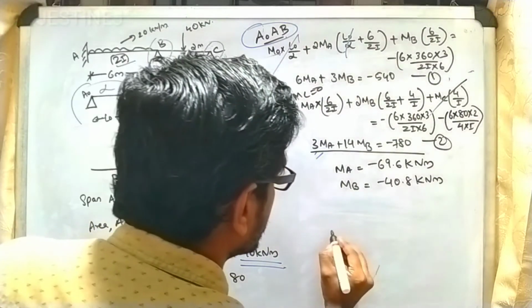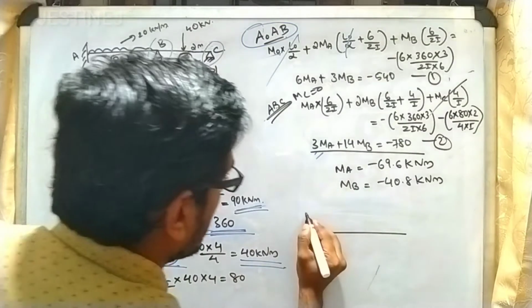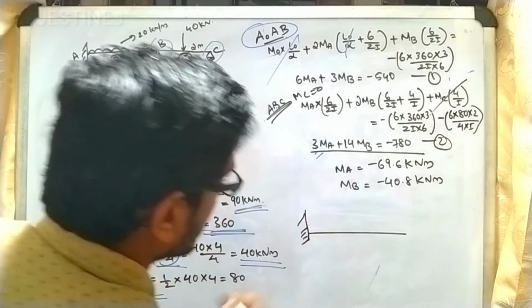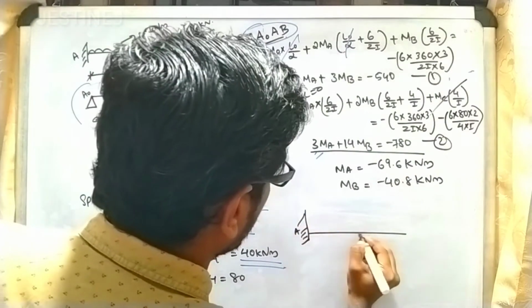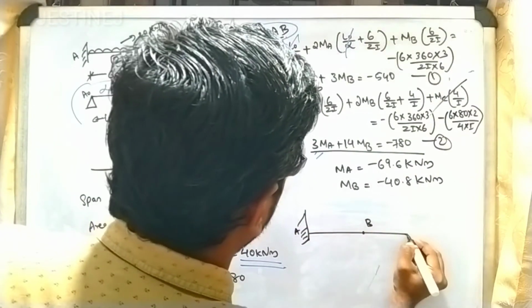Then our next intention is to draw the bending moment diagram. This is the AB portion and this is the BC portion.